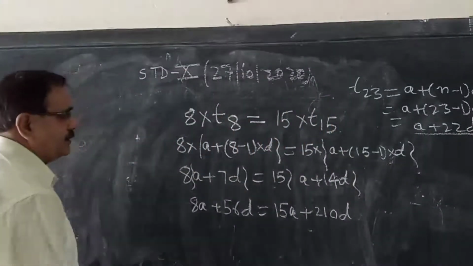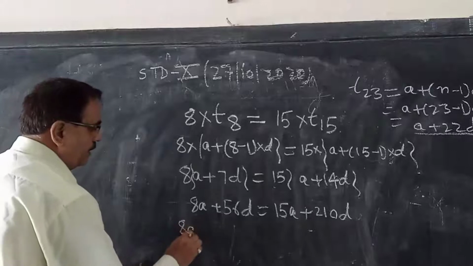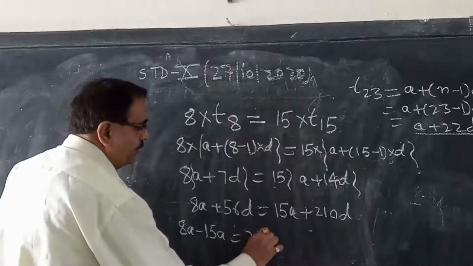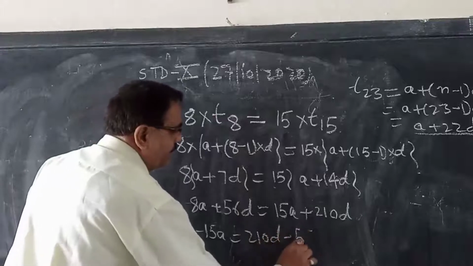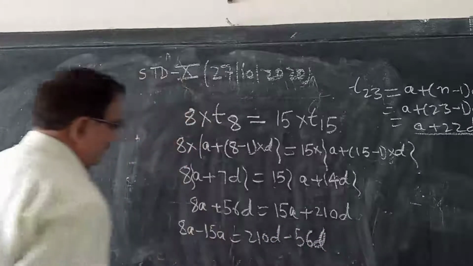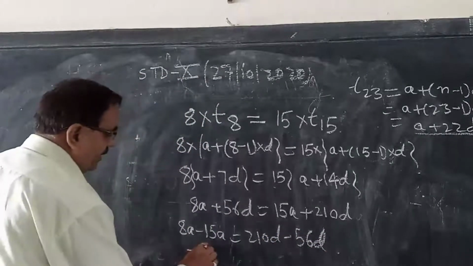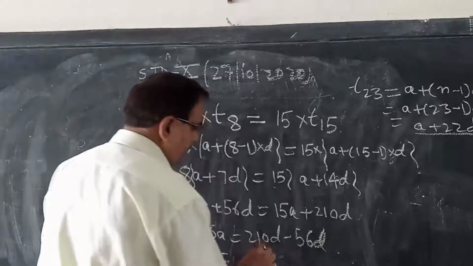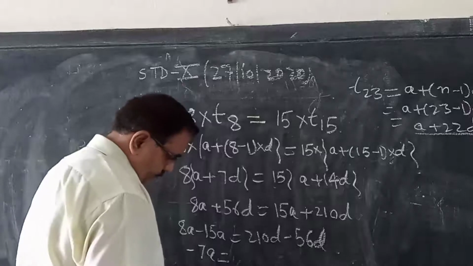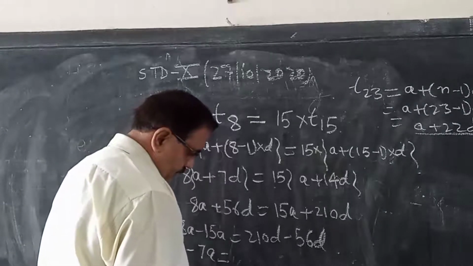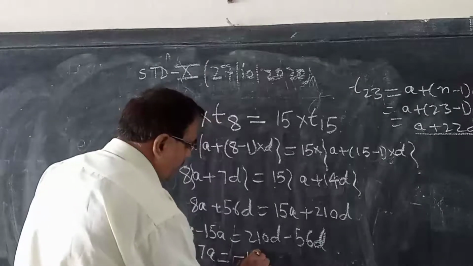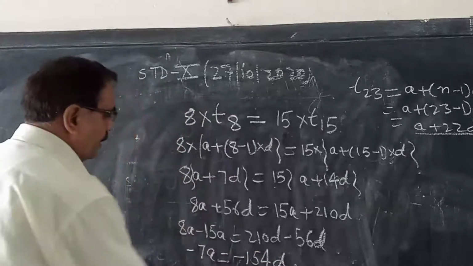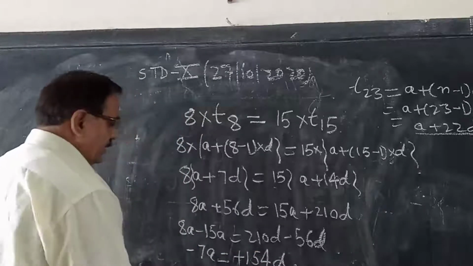Simplify it. 8A minus 15A is equal to 210D minus 56D. Minus 7A is equal to 154D.